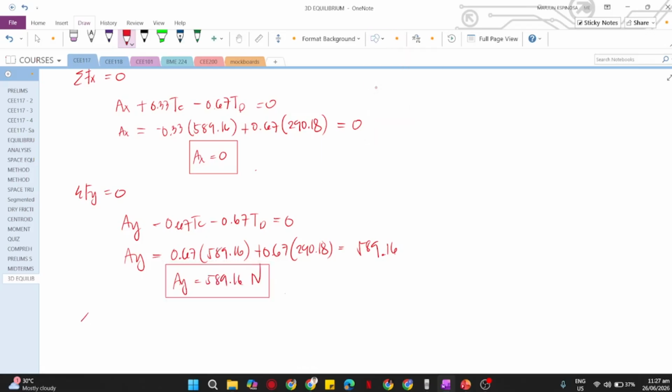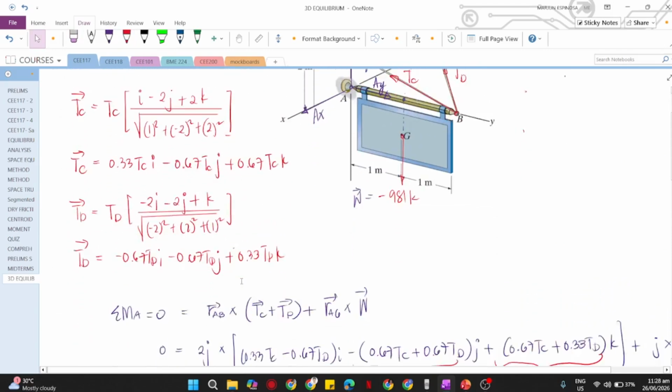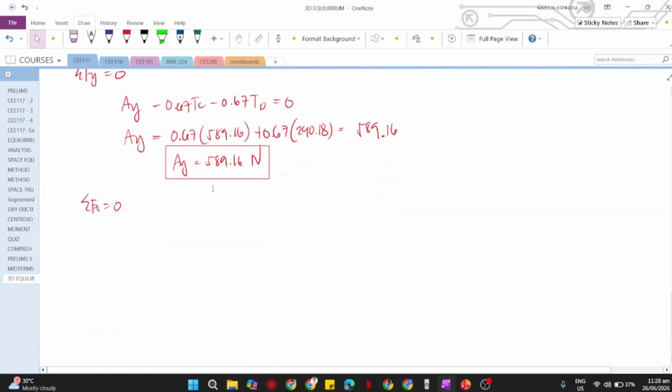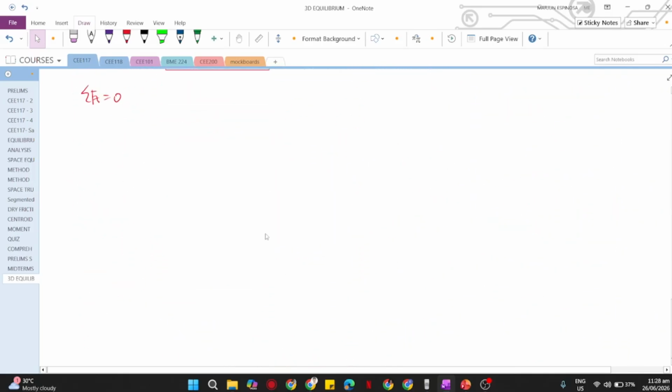And lastly, for Z, equate to 0. What are our Z terms? 0.67 TC, 0.33 TD, and also the negative 981. So we have AZ, the unknown, plus 0.67 TC plus 0.33 TD minus 981 k equal to 0.